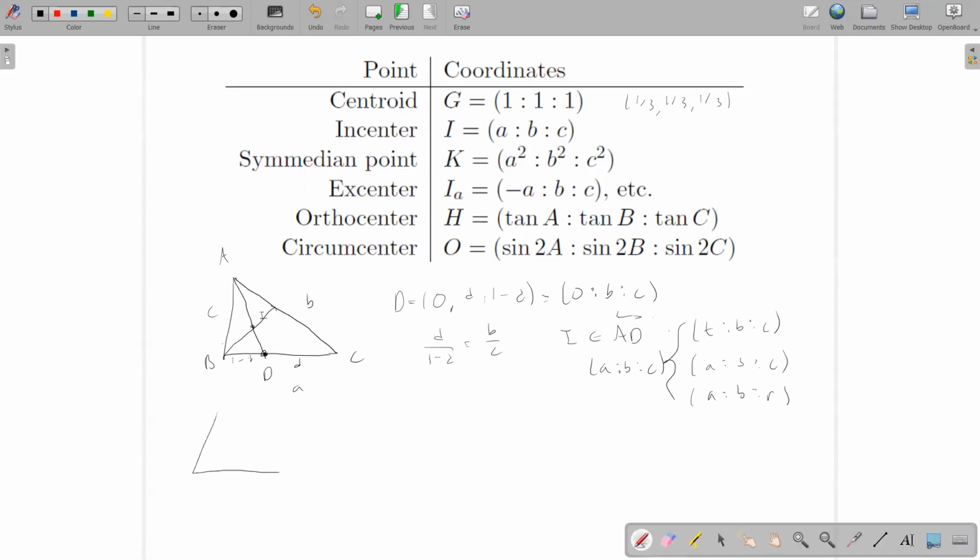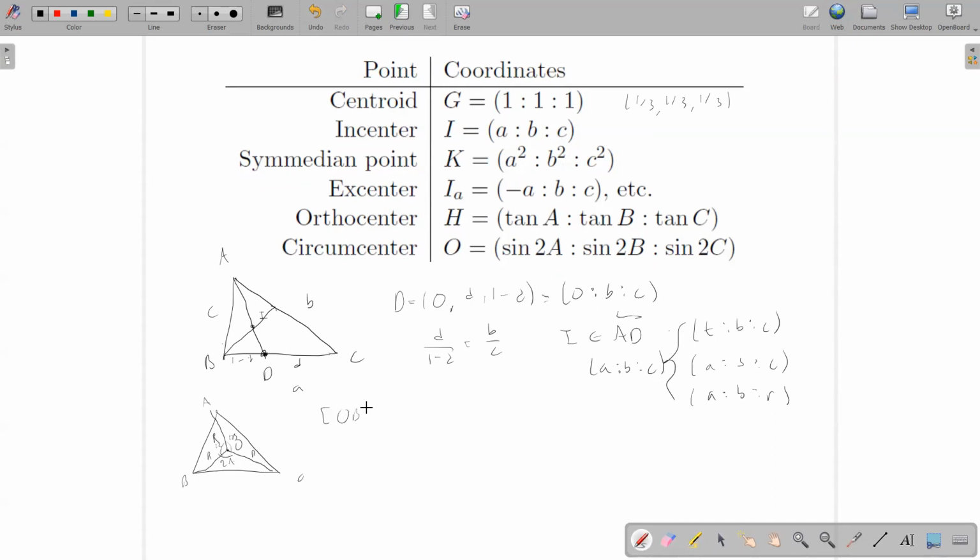So, for example, for the circumcenter, these angles are 2A, 2B, 2C.